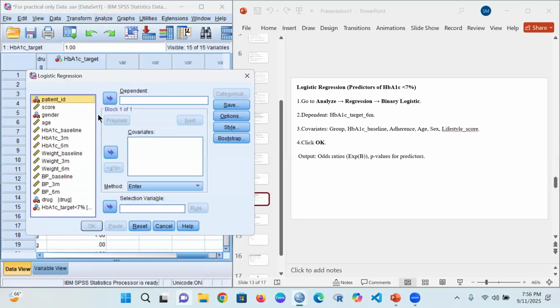So here now you have to choose the dependent variable, which here now is our HbA1c target after 6 months, which we had recorded. So this one you bring in to the dependent variable. So the covariates are now there. We want to check, for example, the group, that is the drug and the placebo. We bring it in here.